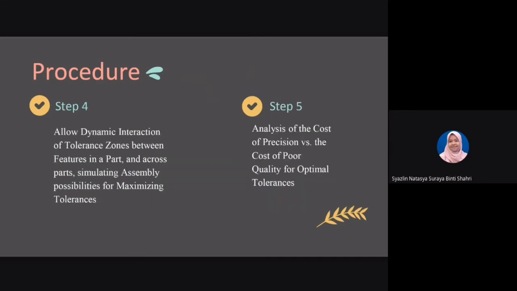The fourth step is to allow dynamic interaction of tolerance zones between features in the part and across parts, simulating assembly possibilities for maximizing tolerance. And lastly, step 5: we have to analyze the cost of precision versus the cost of poor quality for optimal tolerance.